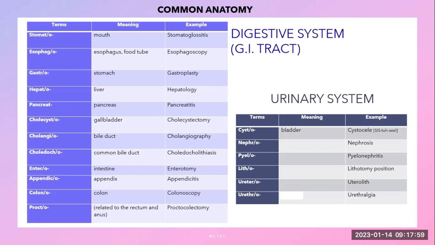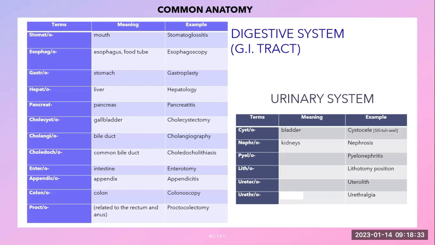So we have cystocele, which means bladder prolapse. Anyone know the word for inflammation of the bladder? Is that cystic? Yes, cystitis. Perfect.